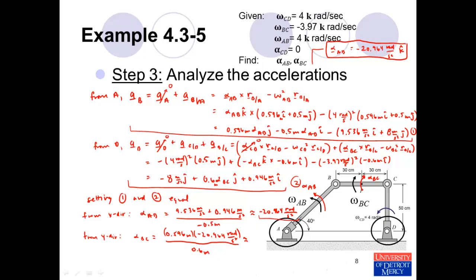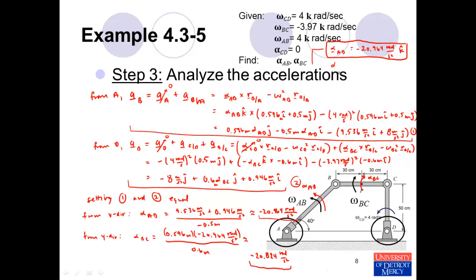And this works out to be approximately negative 20.824 radians per second squared. And so again, the negative means that it's opposite the initial direction we assumed.